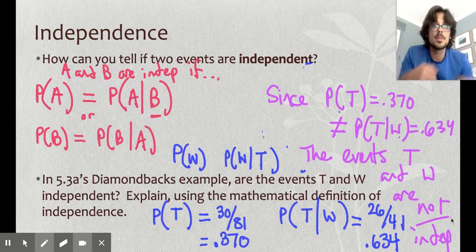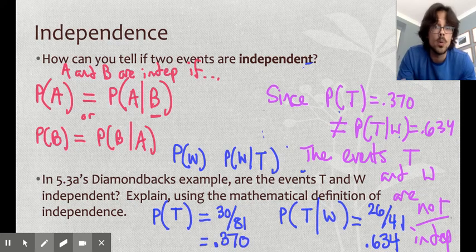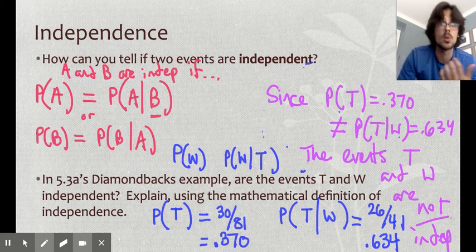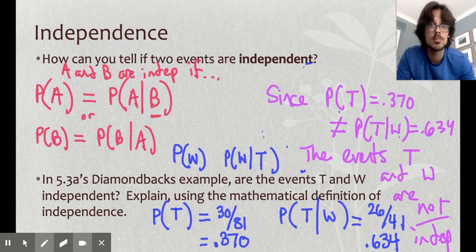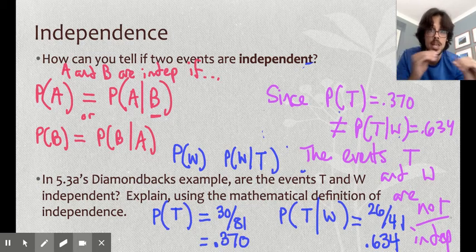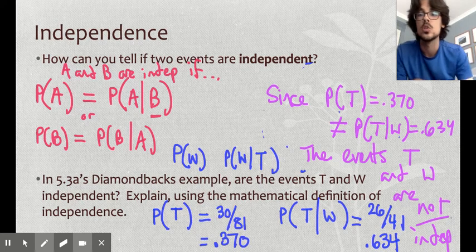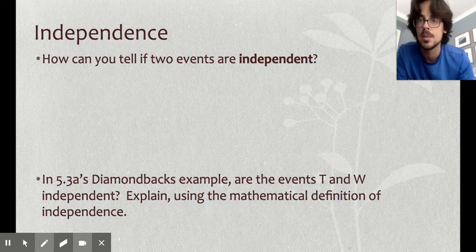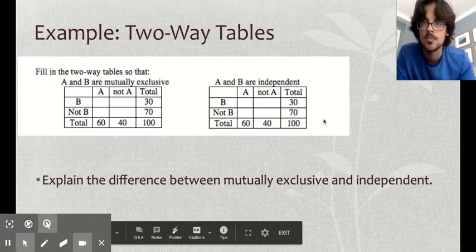In order for them to be independent, you have to get the same thing. That means they're not independent, and it's because of what we talked about. If you win, you're more likely to have scored 6 runs. So 2 events can be dependent without one actually causing the other one. So you do not need causality to be able to talk about independence here.